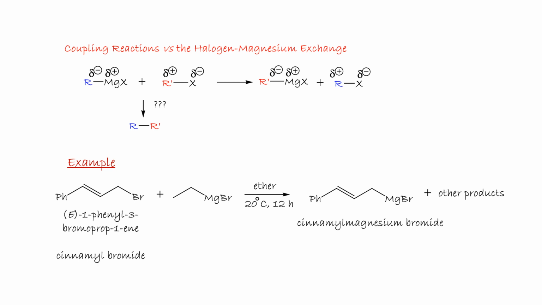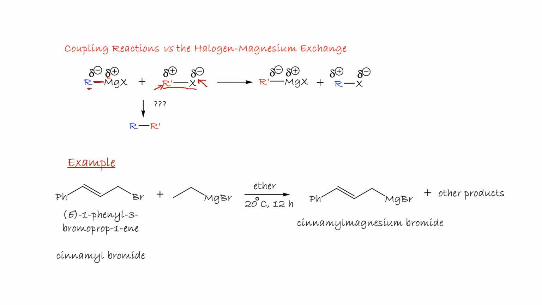Looking at the Grignard, it will be RMgX. R carbon is more electronegative than magnesium, so this bond will be polar covalent, where the carbon is partially negative and magnesium is partially positive. We start with RX alkyl halide, where the X is partially negative and R is partially positive.